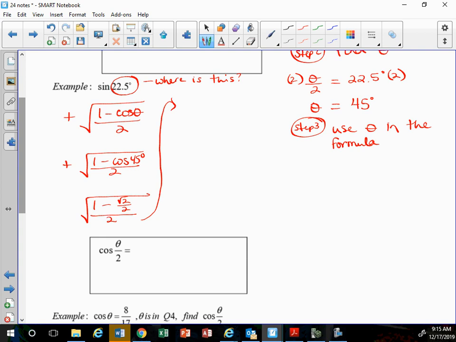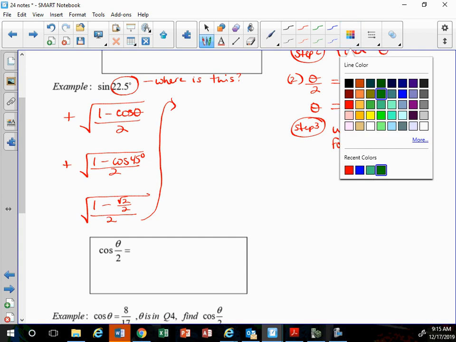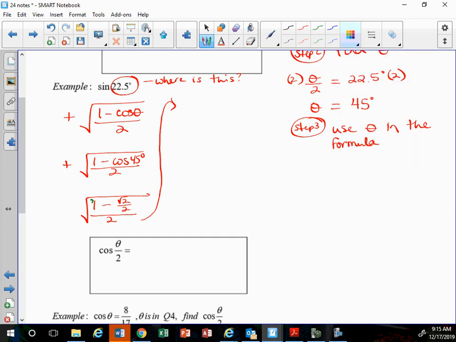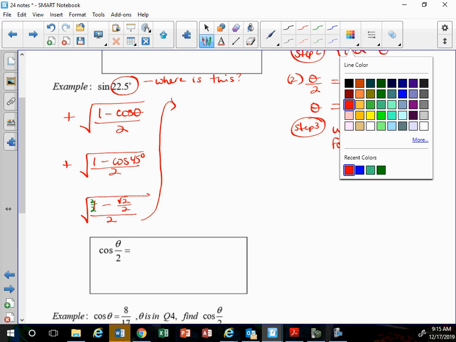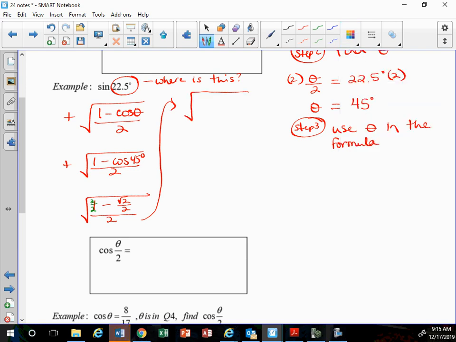It's kind of ugly right now. I need to combine the 1 minus root 2 over 2. What do I need to do that? Yeah, change the 1 to 2 over 2. So my next step, there are so many 2's. So it's 2 minus root 2 over 2, all over 2.